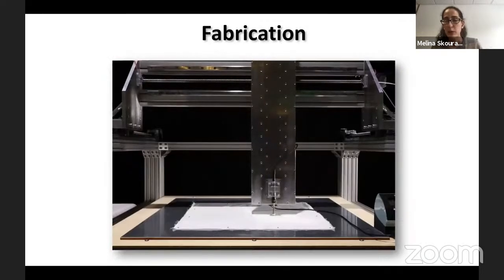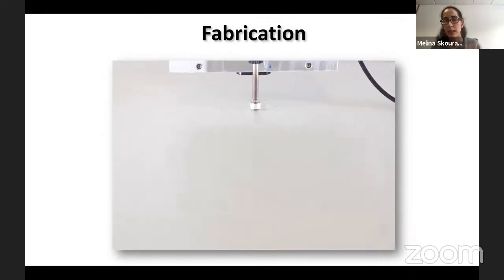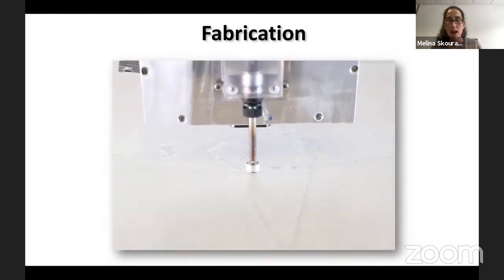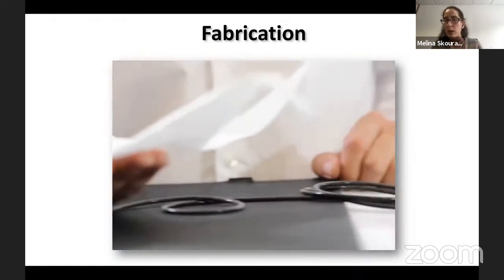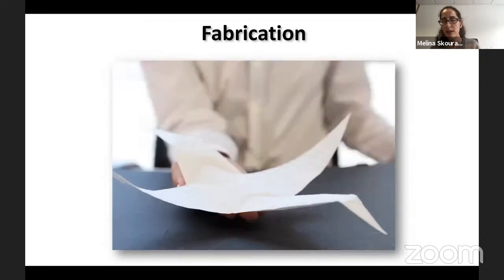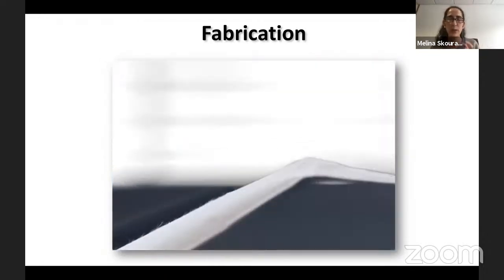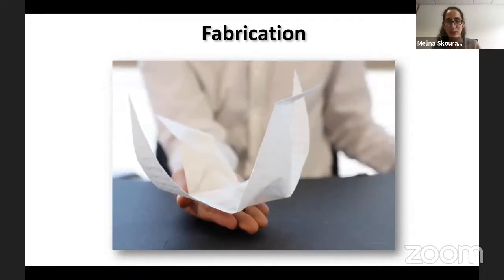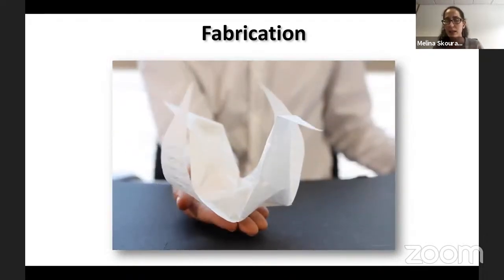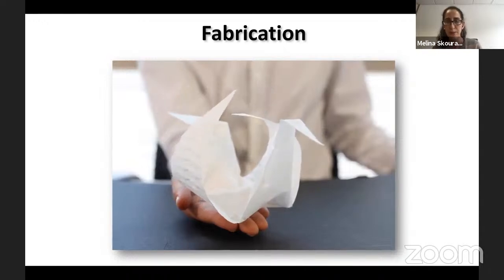So regarding fabrication, we mounted a custom heat sealing head on a standard CNC machine. And we had a modular system where we could replace the heat sealing head by another head with a knife so that we could also automatically cut the outer layer of the structure.